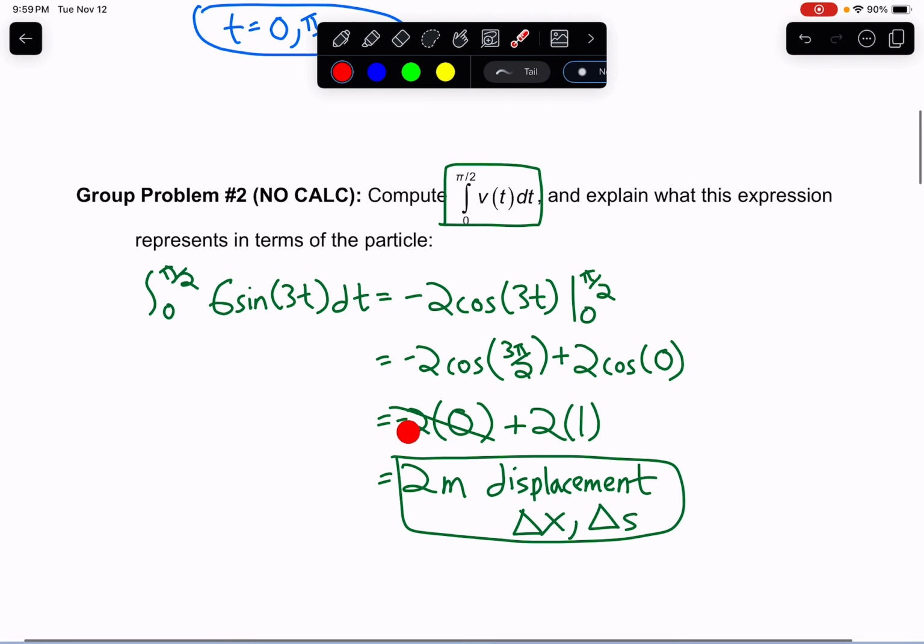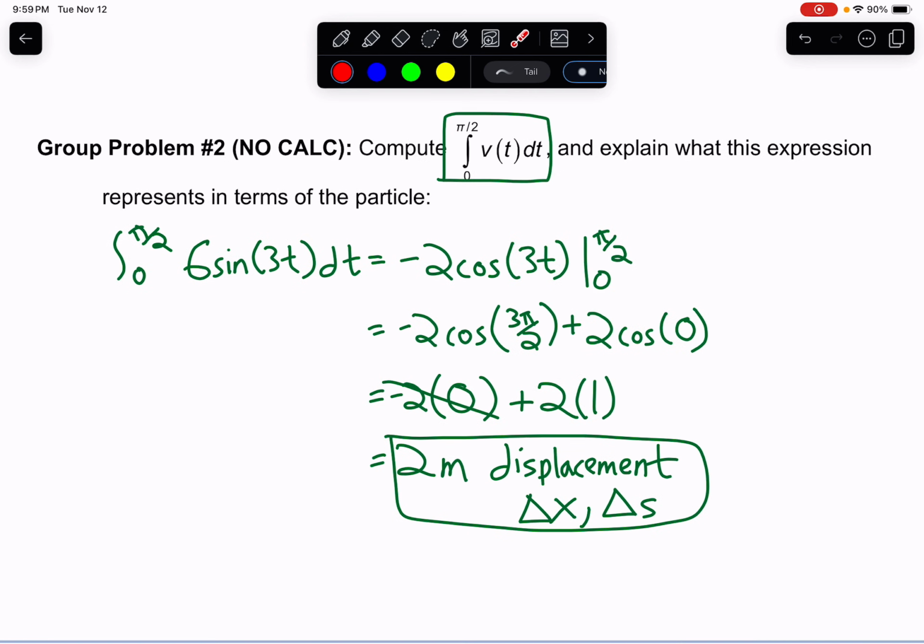So if you were asked to explain what this integral represents on an FRQ, we could say something like the displacement of the particle in meters from 0 to pi over 2 seconds. Don't forget to talk about the units of your bounds along with the units of the integral itself.